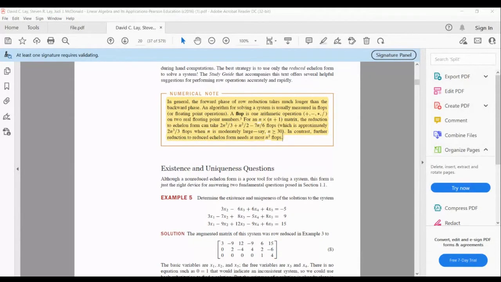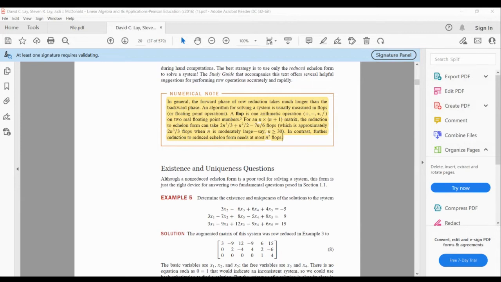In contrast, further reduction to reduced echelon form needs at most n squared flops. So what they're saying is the forward phase, where you get the matrix in echelon form, takes more flops than the backward phase to get the matrix in reduced echelon form, because 2n cubed over 3 will likely be more than n squared.